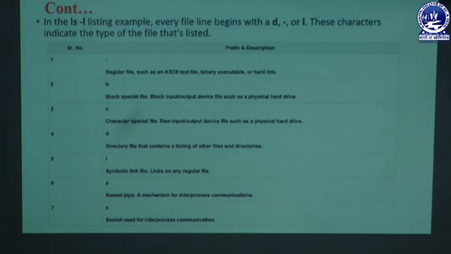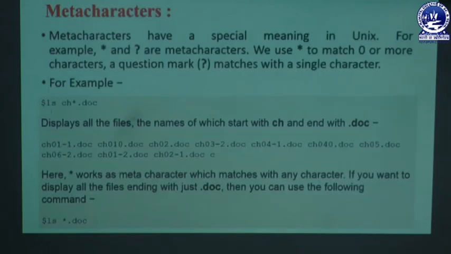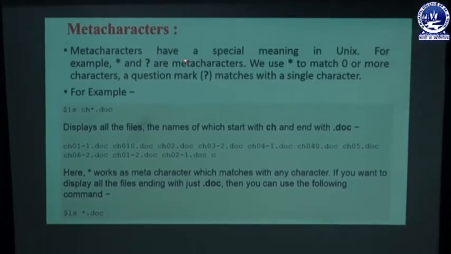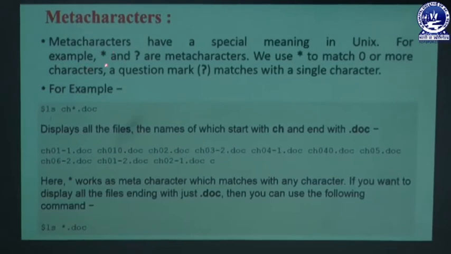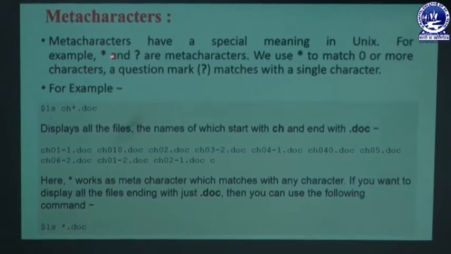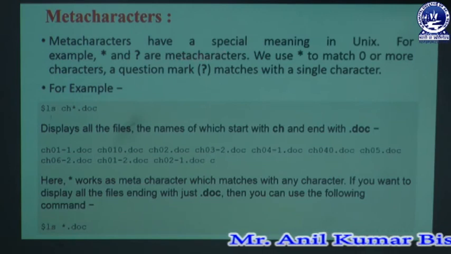Next we are going to discuss the real use of metacharacters in our Unix operating system through the file management process. Metacharacters have a special meaning in Unix. For example, the star, meaning asterisk, and the question mark are known as metacharacters.